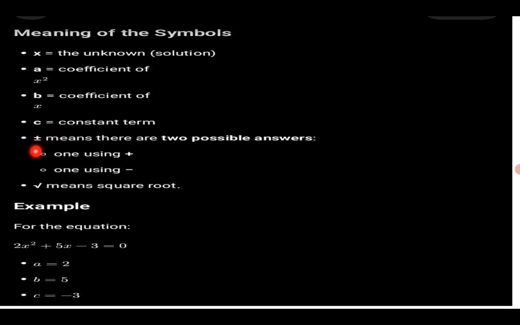The plus or minus means there are two possible answers, one using plus, the other using minus. And this symbol means square root. So from this equation, the values of a, b, and c can be determined: a is equal to 2, b is 5, and c is minus 3.